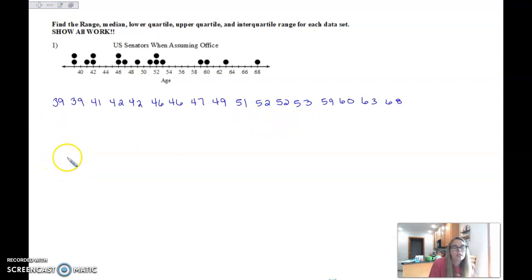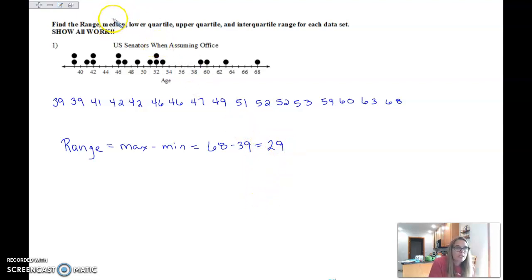So the very first thing that I'm going to do is find the range. Remember, the range is your max minus your min, which would be 68 minus 39, which is equal to 29.